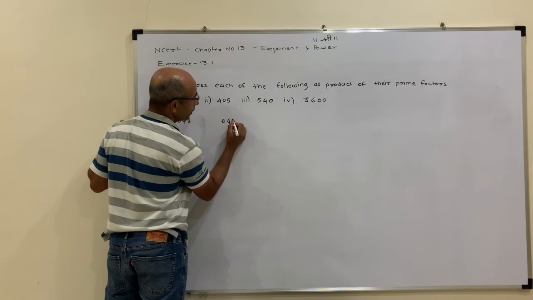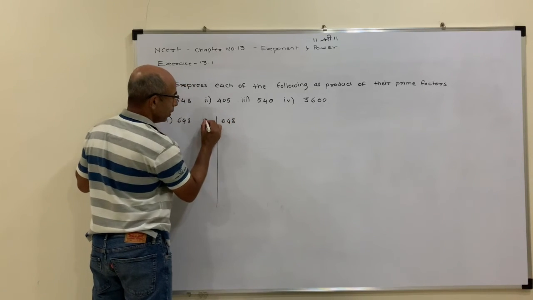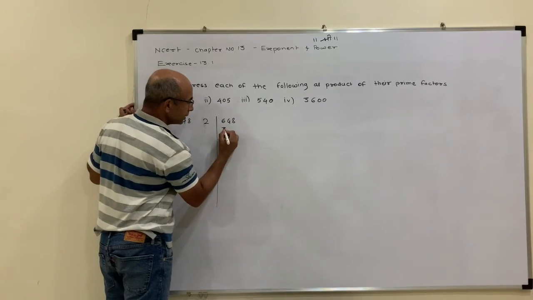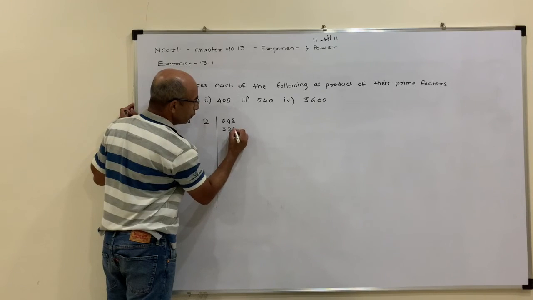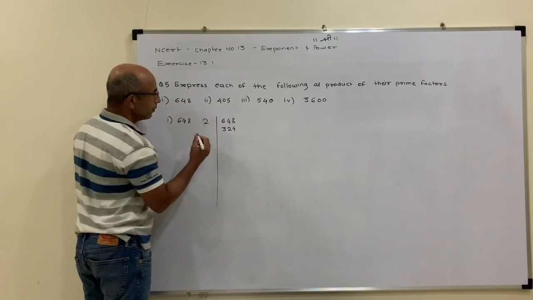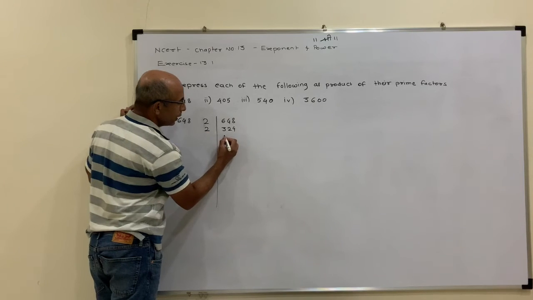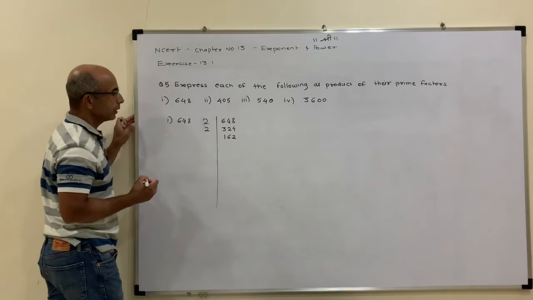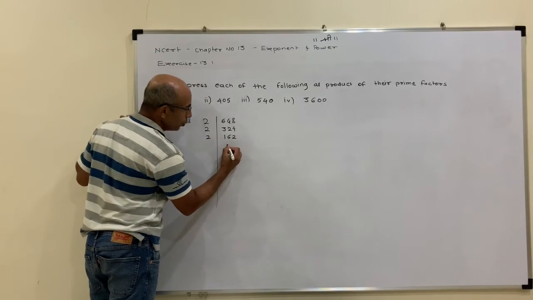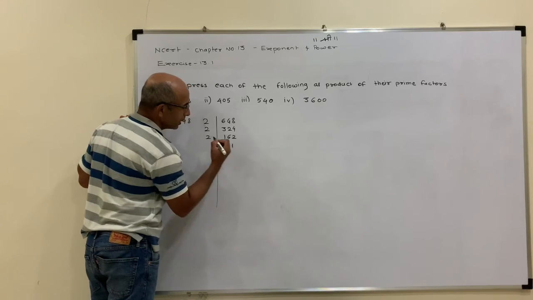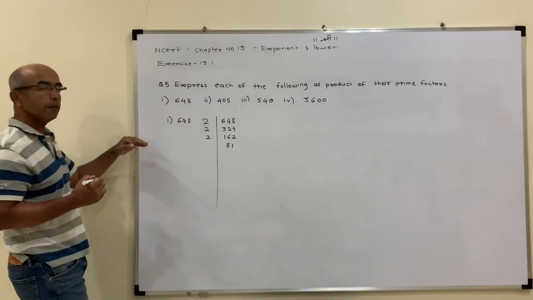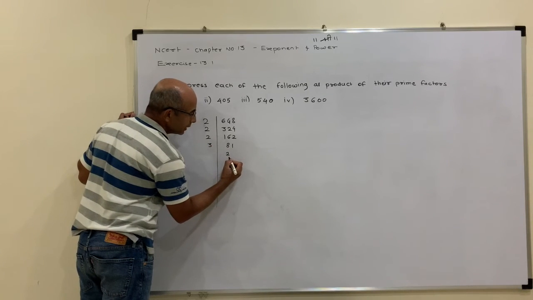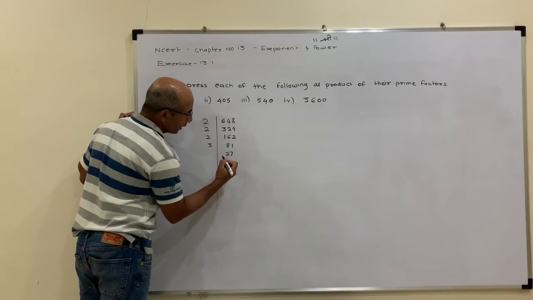648. Can 648 be divisible by 2? Yes. So 2 3s are 6, 2 2s are 4, 2 4s are 8. Then again 2, 2 1s are 2, 2 6s are 12, 2 2s are 4. Then again 2, 2 8s are 16, 2 1s are 2. Now this won't be further divisible by 2. So we move on to 3. 3 2s are 6, 3 7s are 21.